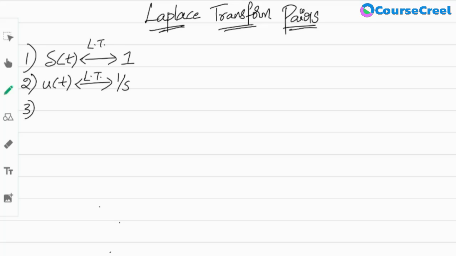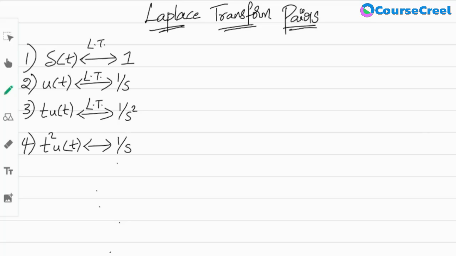And the next Laplace transform pair is the Laplace transform of the ramp function, which is 1 by s square. And the Laplace transform of the parabolic function, that is t square into u of t, is 1 by s cube.